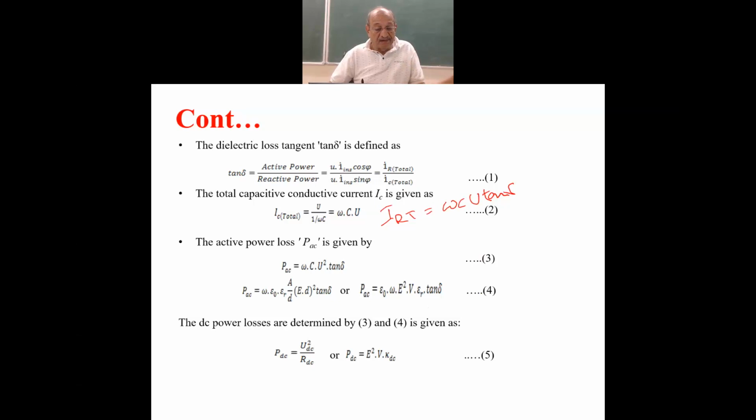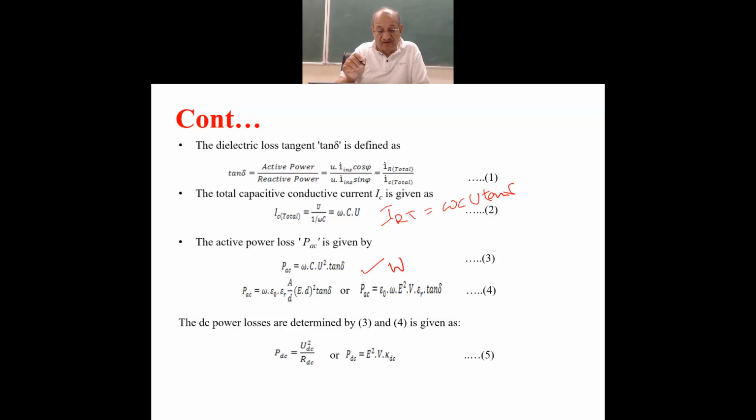And the active power loss, that is the current in phase with the voltage applied, will be given as omega Cu tan delta. And this is in watt. Active power loss is in watt, where omega, as you know, is the frequency, 2 pi f, f is in hertz.